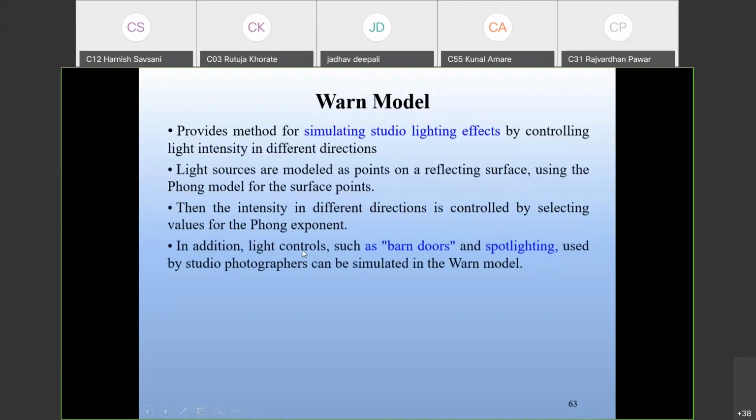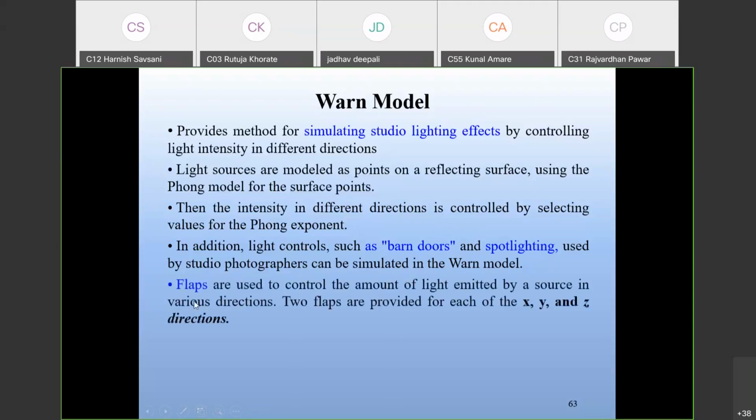In addition, light controls such as barn doors, which I will show you with a diagram, some students may know them. Barn doors are used there. Spotlights are also used there. These are used by studio photographers and can be simulated in this model. Flaps are used to control the amount of light emitted by a source in various directions.